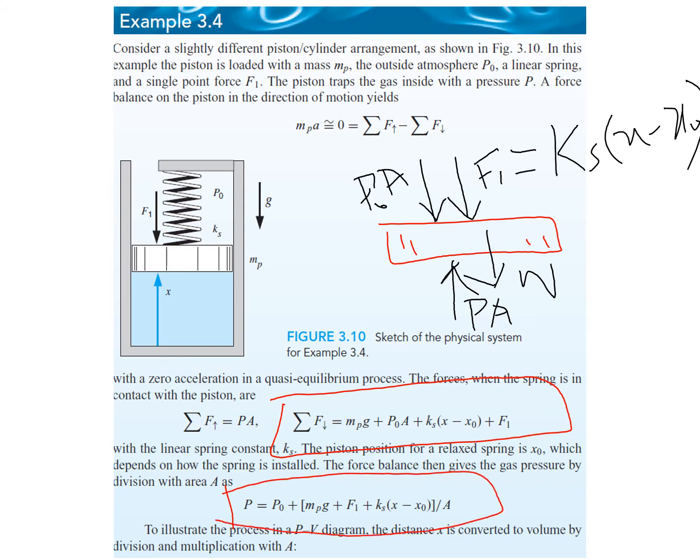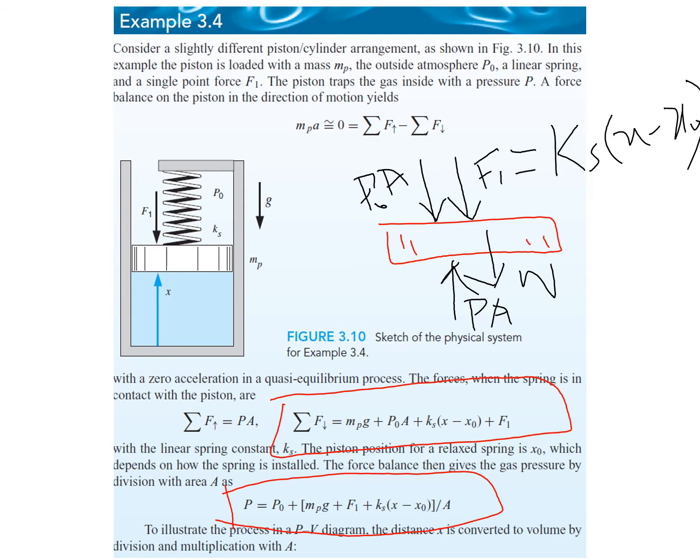Notice that the external pressure P0 is constant, the mass of the piston Mp is constant, and gravitational acceleration g is constant.